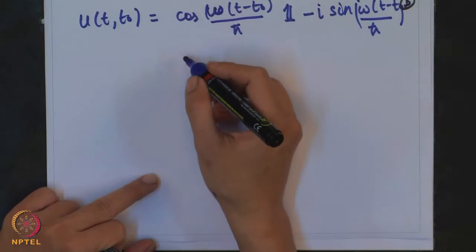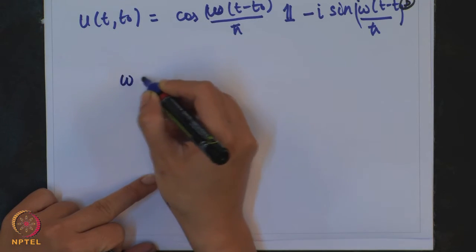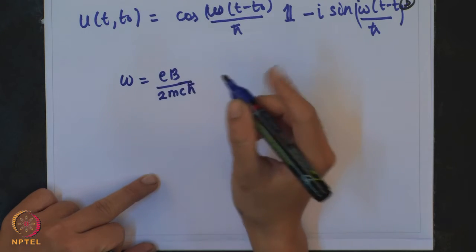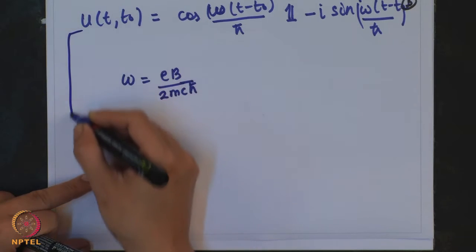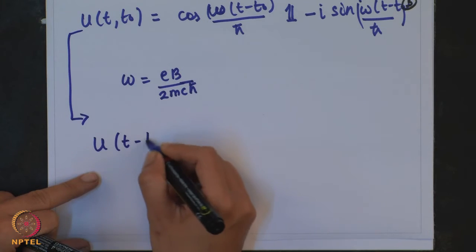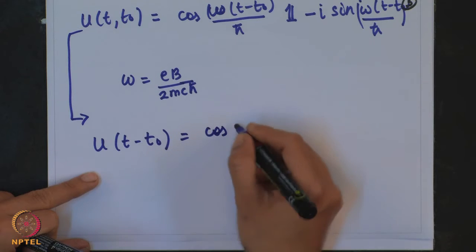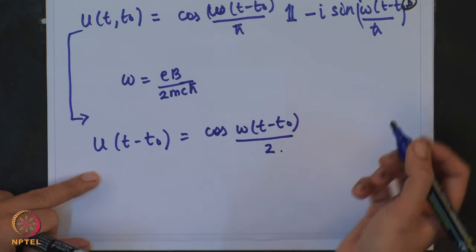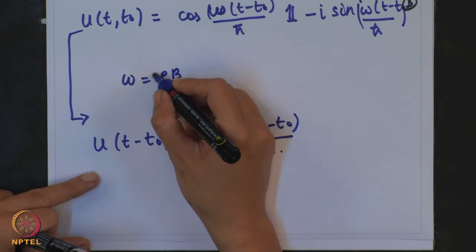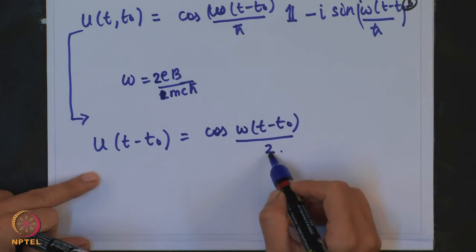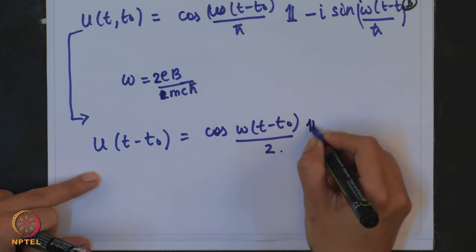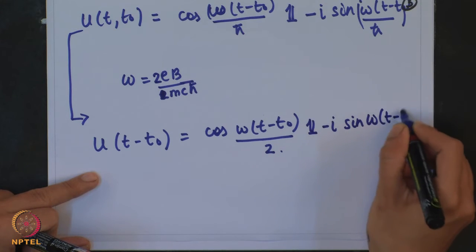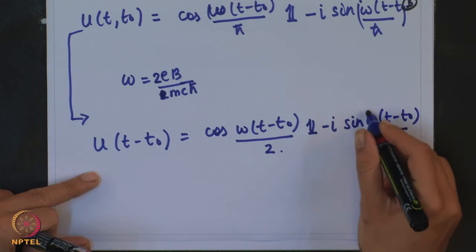Now, just a note that if you consider omega as eB upon 2mc h cross, then this will actually become cos omega (t minus t naught) upon 2, or rather you have to multiply by 2 because I have a 2 in the denominator, times the identity operator minus i sin omega (t minus t naught) divided by 2.